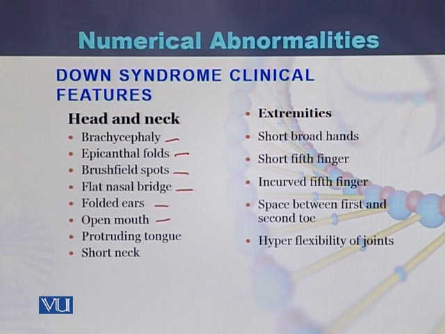These are the clinical features which are present in head and neck. On the other hand, these children have short and broad hands, short fifth finger, incurved fifth finger, and space between the first and second toe. So these are the complete clinical features which are present in children that have Down syndrome.